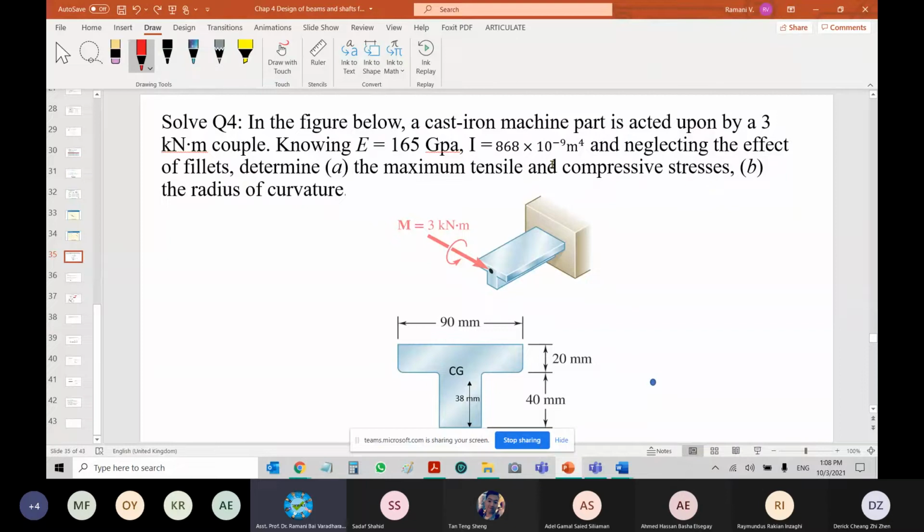Immediately when I say stress, you recall the video I showed just now, when a member is subjected to loading, how the tensile and compressive failures will occur in a member. You are asked one more term here, radius of curvature. Then you should recall a bit of the derivation we did in the class, a bit of drawing and understanding of the deformation is required here.